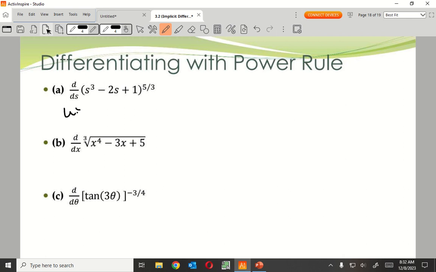So U is S cubed minus 2S plus 1, right? So, U prime, what would my U prime be? There we go. So 3S squared minus 2.